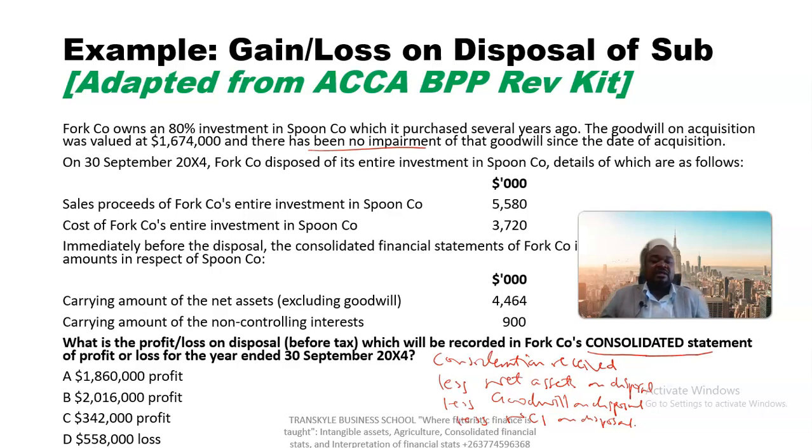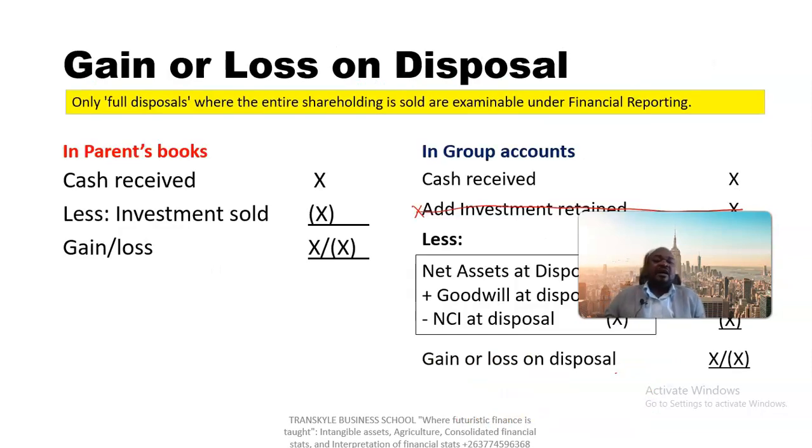Here, when I said less for the NCI, I don't want you to be confused. Let me take you back. I'm sure you are seeing how the formula is structured.